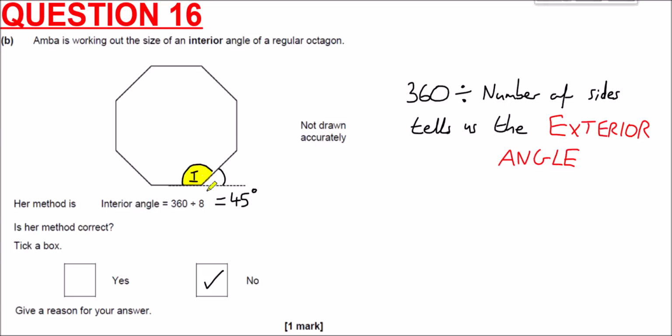Put briefly, she's wrong because her calculation is for the exterior angle, not the interior angle. So that would be 45 degrees, but definitely not the interior angle. Her idea is definitely wrong, because what she's worked out is the exterior angle instead.